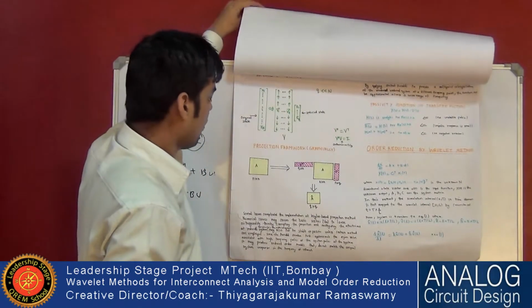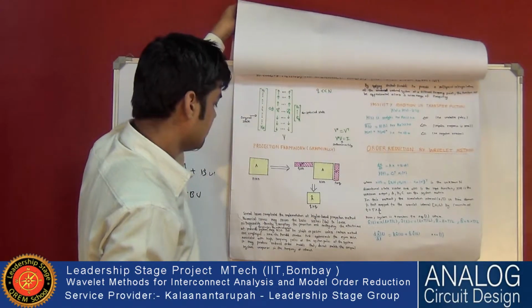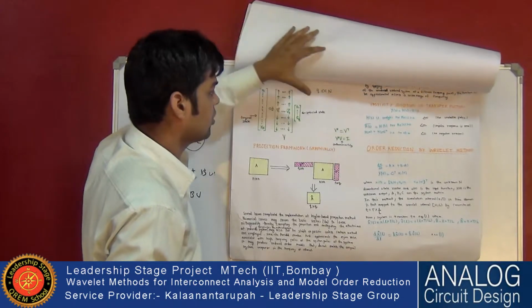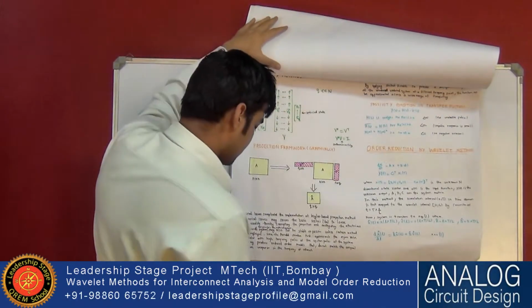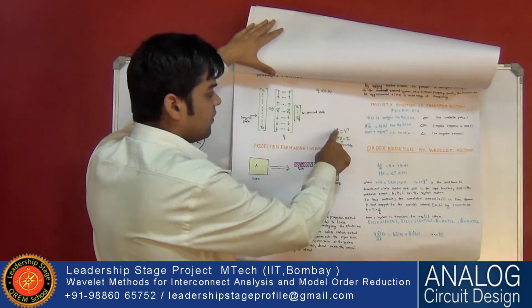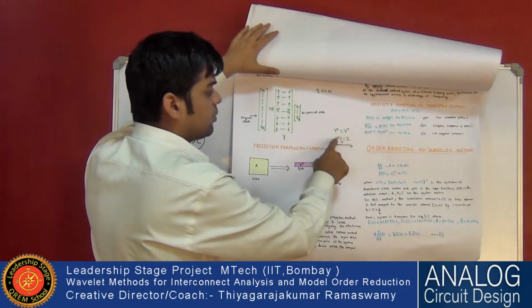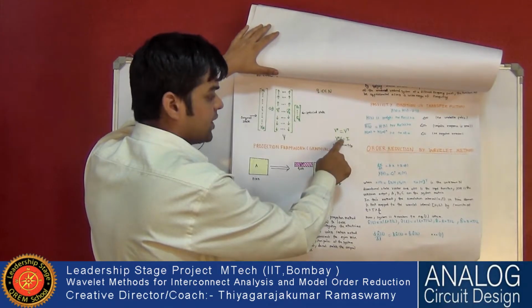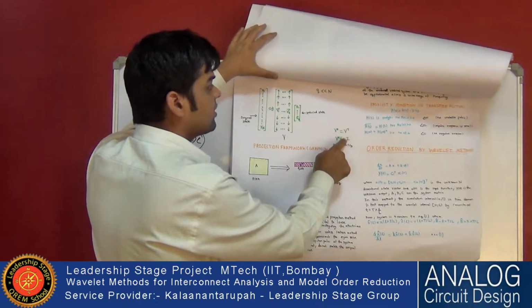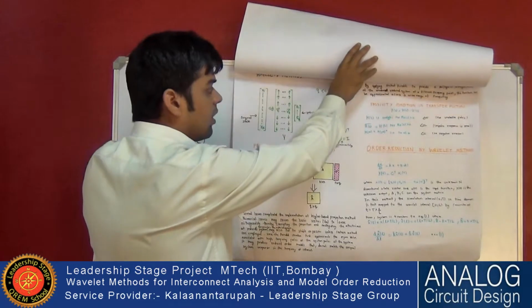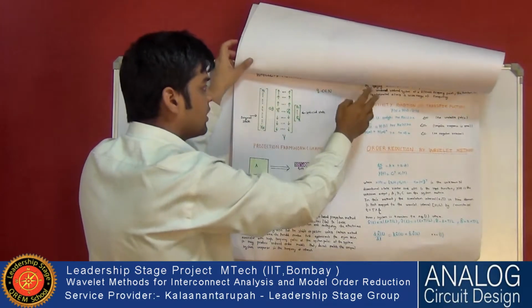But the problem with the shift algorithm method is generating orthonormal matrices. Orthonormal means V transpose V equals I. Transpose of any V matrix multiplied by the same matrix is equal to I. Finding such matrices imposes the condition of orthonormality.